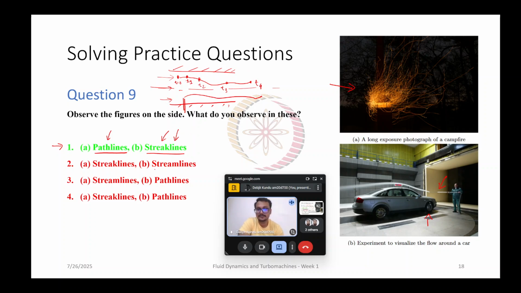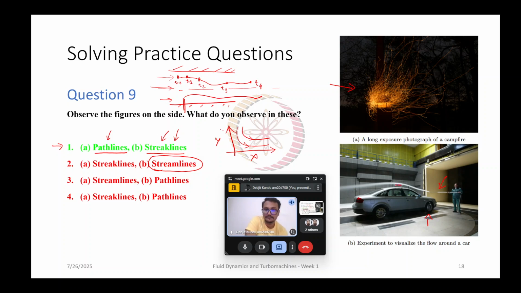Then comes streamlines. These are a bit more tricky or mathematical. Let's say I have a 2D flow field in X and Y, where the flow goes in this direction, like this.